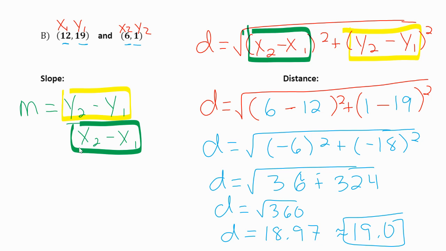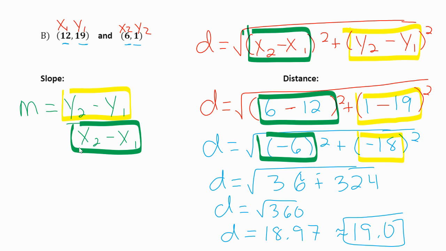You did them right here and right here. So you actually already see that this would be negative 18 over negative 6, or you would get a positive 3. So your slope is a positive 3 over 1, or a positive 3.